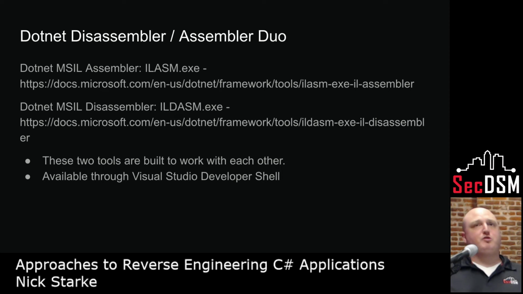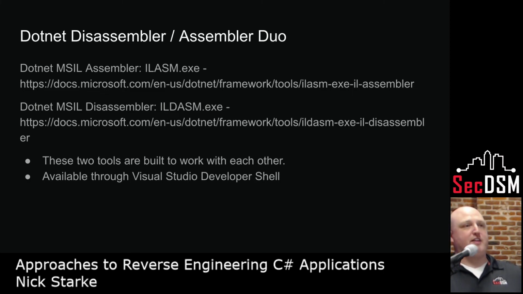So the two tools you need to make this happen are the tools I described earlier, ILASM and ILDASM. I provided some links here. If you want the slides afterwards, just reach out, I can get them to you. The important thing to note about ILASM and ILDASM is these tools are made to work together. So you use ILDASM to disassemble an assembly into a text representation that you can then modify.